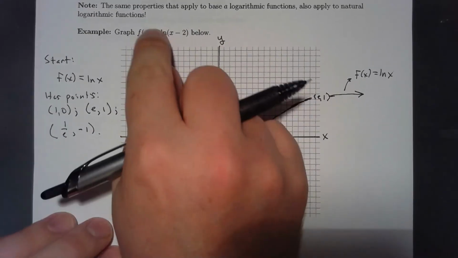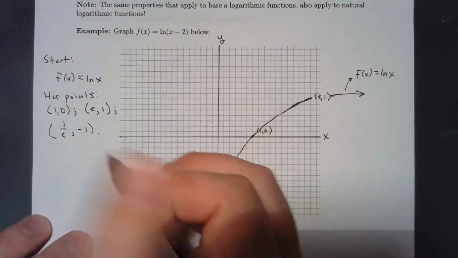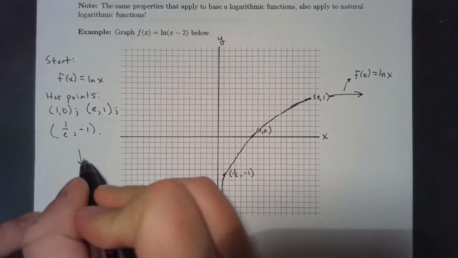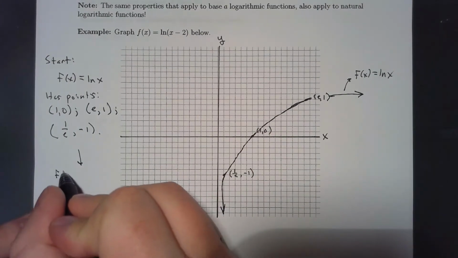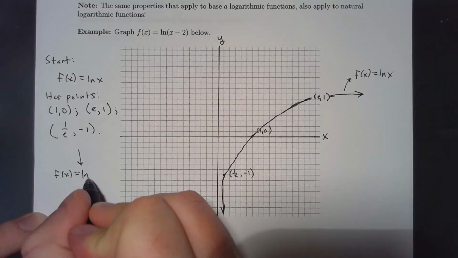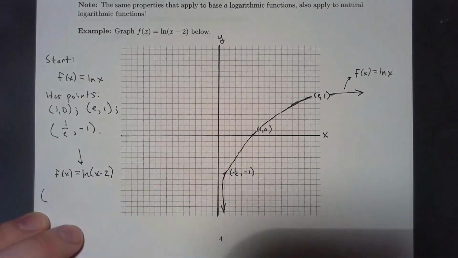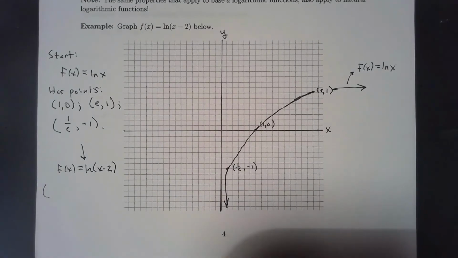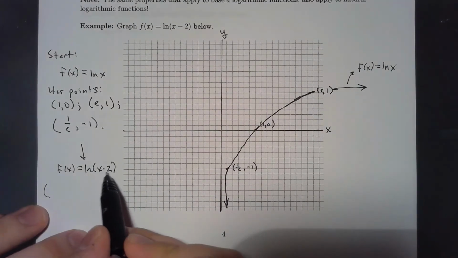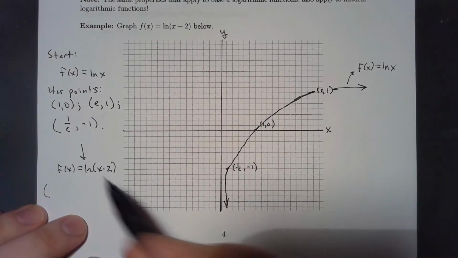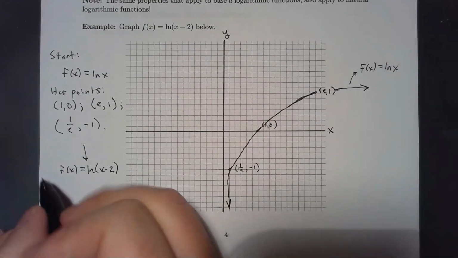But I want to graph the natural log of x minus 2. So to go from here to f of x equals ln of (x minus 2) by using the techniques of shifting and compressing and whatnot: if I'm subtracting 2 from x, that means I'm shifting this graph to the right 2 units.